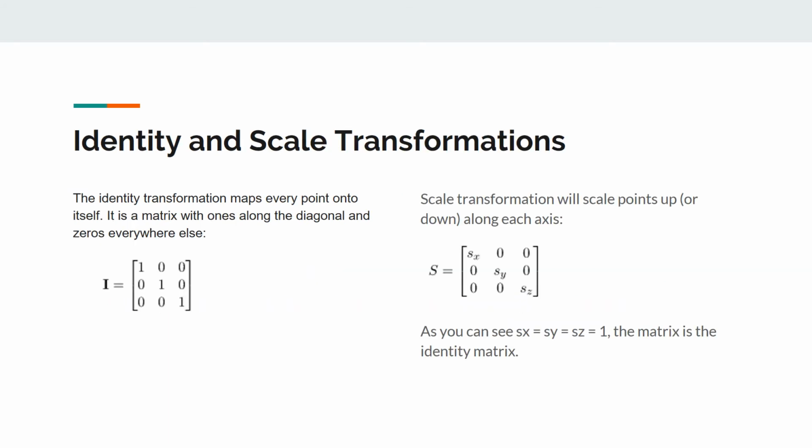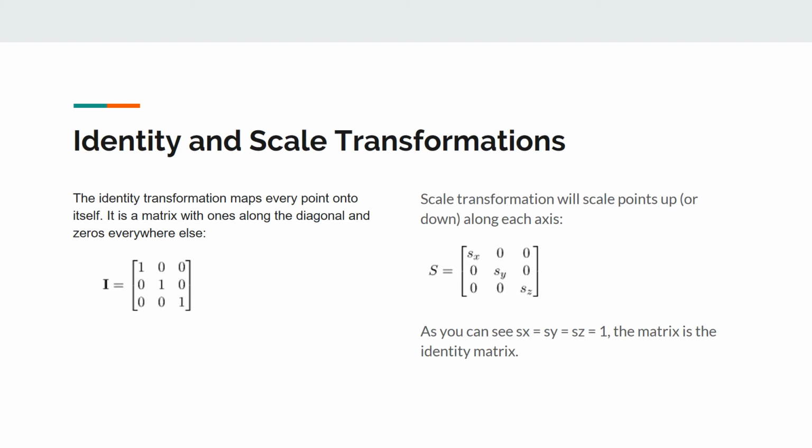So the next two transformation types we're going to talk about are the identity and scale transformations. The identity transformation is just a linear transformation T that maps every x in vector space V to x itself.